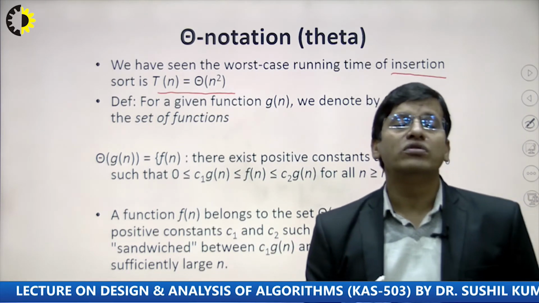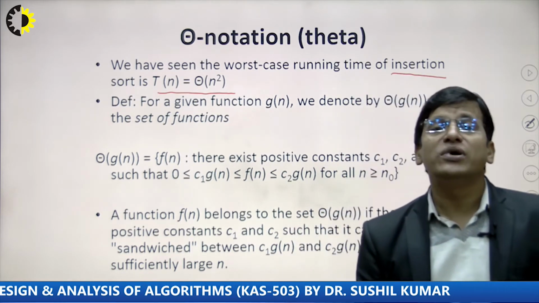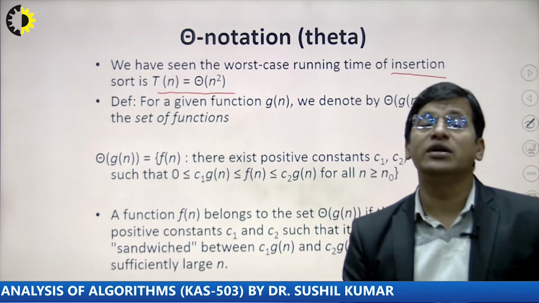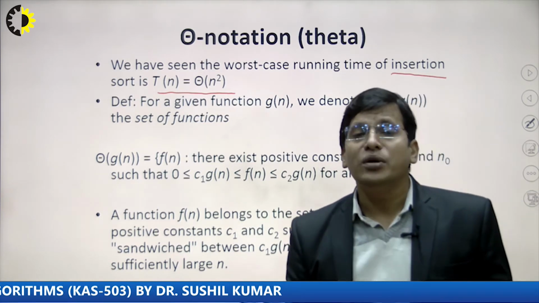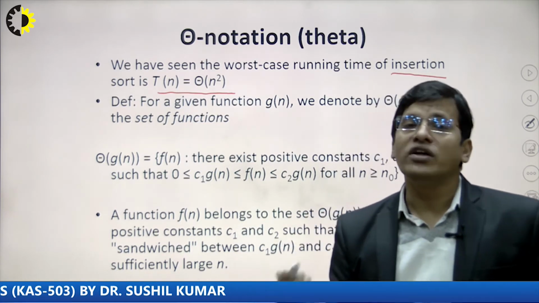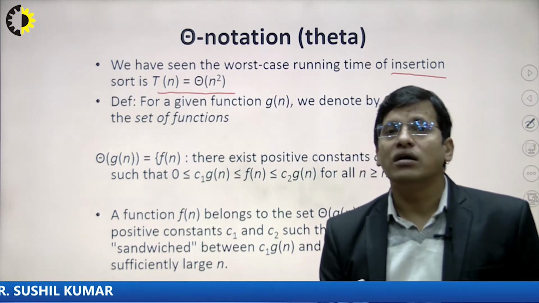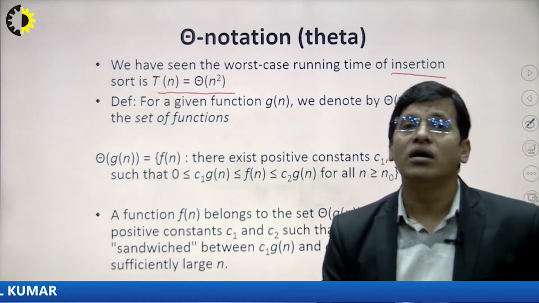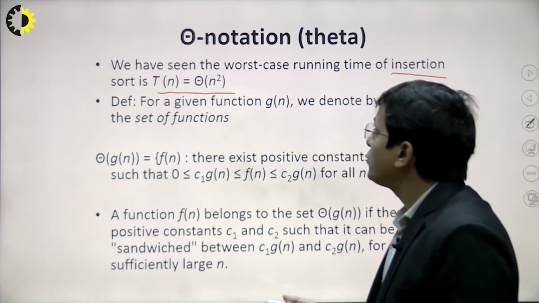First of all we have to think about the definition of the theta notation. Theta notation is basically the asymptotically tight bound notation, right? Asymptotically tight bound means that for the function we have computed from the algorithm, what maximum or minimum function is required, that is computed by g of n.